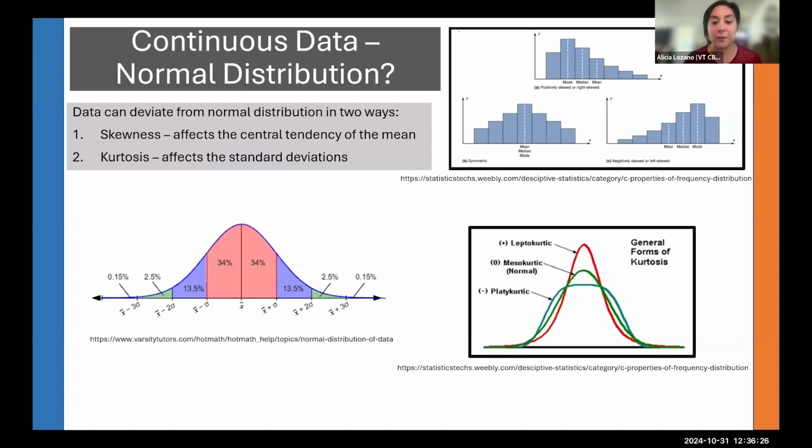Your leptokurtic, which is the red here, have heavy tails with a sharper peak, meaning you have more extreme values, making it a bit skinnier. And then you have your platykurtic distributions, which have lighter tails and a flatter peak, indicating you have fewer extreme values. So it's a lot more wide.